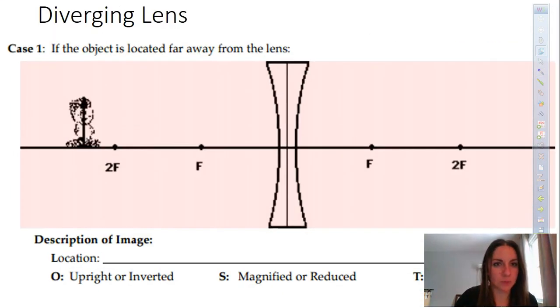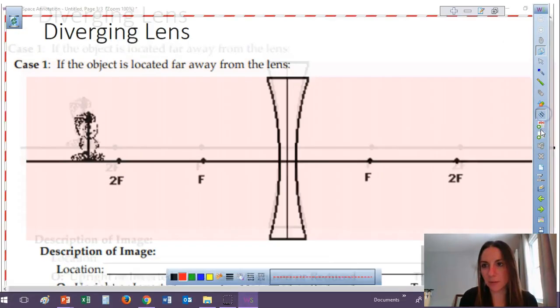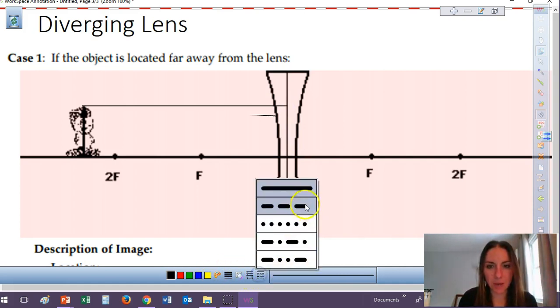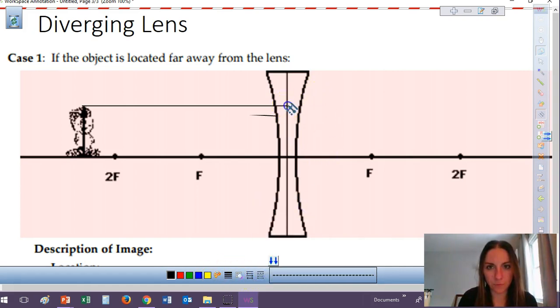So actually, let's go to case 1 and do the same thing and watch how this works. Same kind of process here. I'm going to start with my black line and do the incident ray parallel, just like that. There we go. My refracted ray will go through the focal point, just like that.